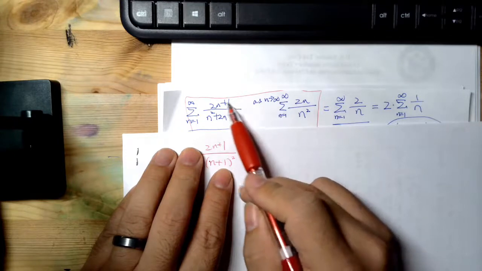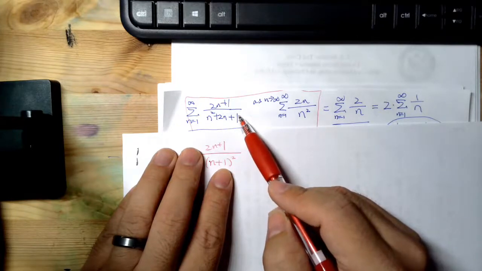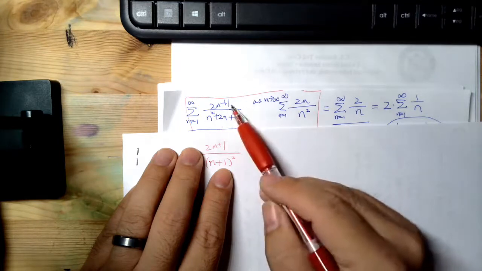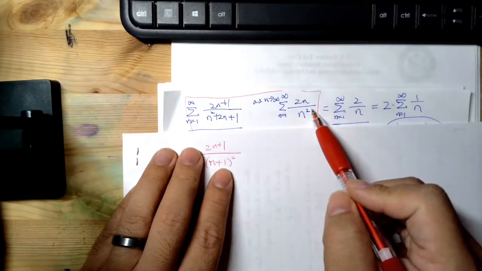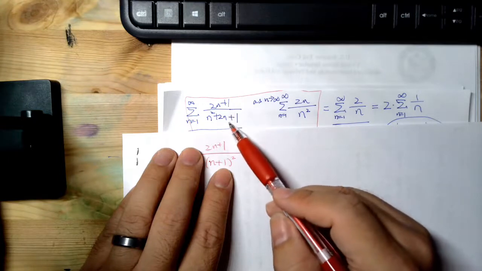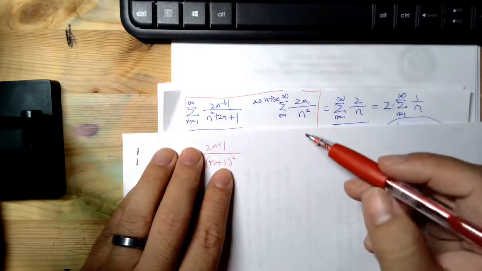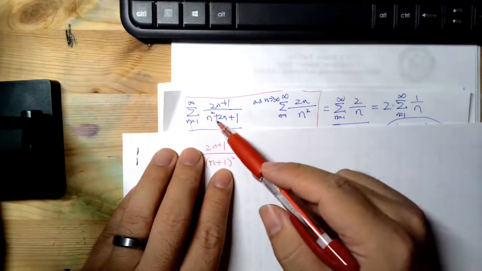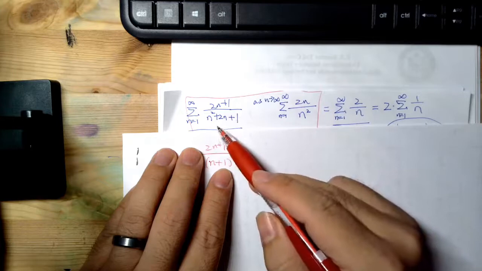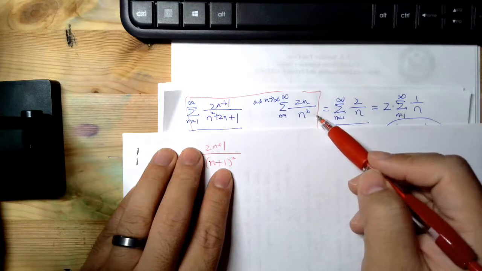The idea is, as n becomes extremely large, this expression is going to behave very, very close to 2n over n squared. It's almost identical as n goes to infinity, because the 1 can be ignored compared to the 2n. Think about n becoming, let's say, 10 billion. And on the bottom, n squared is going to be the dominating term. So as n goes to infinity, my original series behaves almost identically to this series.